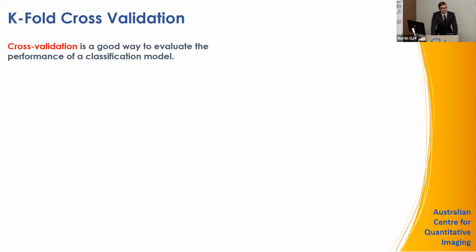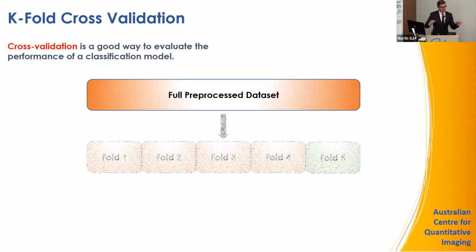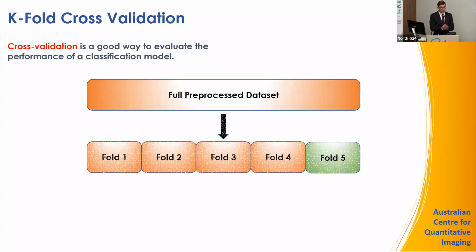We can also use something called k-fold cross-validation. So cross-validation is a really good way to evaluate the performance of a model. Let's assume we have our full pre-processed data set again, we split this data set into 5 folds. Okay, so the first 4 folds are not used for the testing, and the 5th fold is used for the testing.